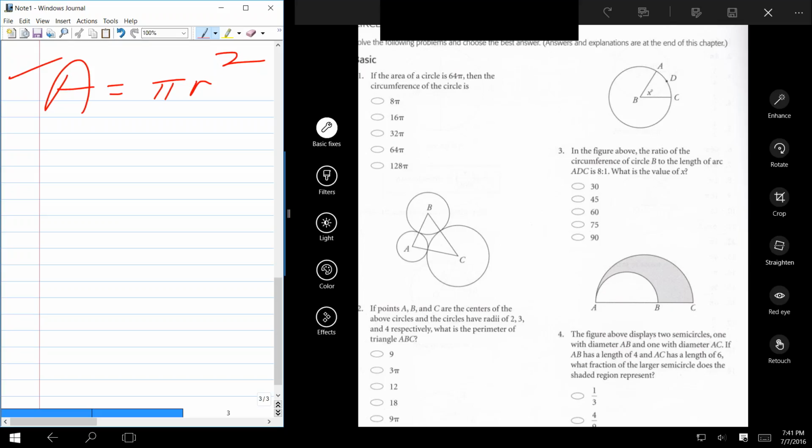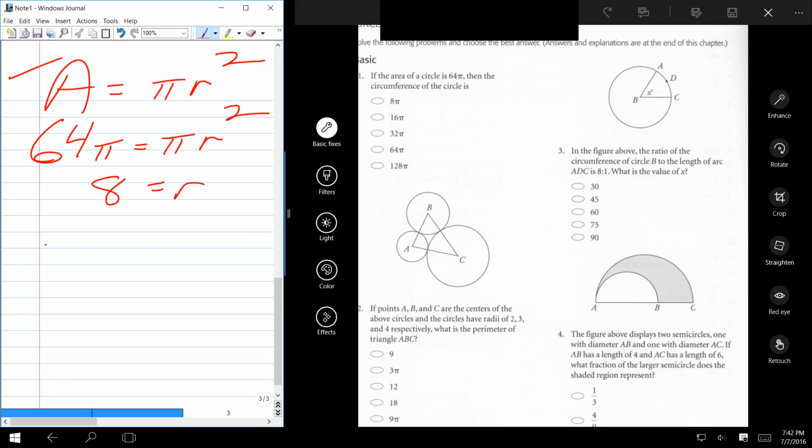The area is 64 pi, so I'm going to plug in 64 pi for the area. Now solve for radius. 8. Good. So r equals 8.